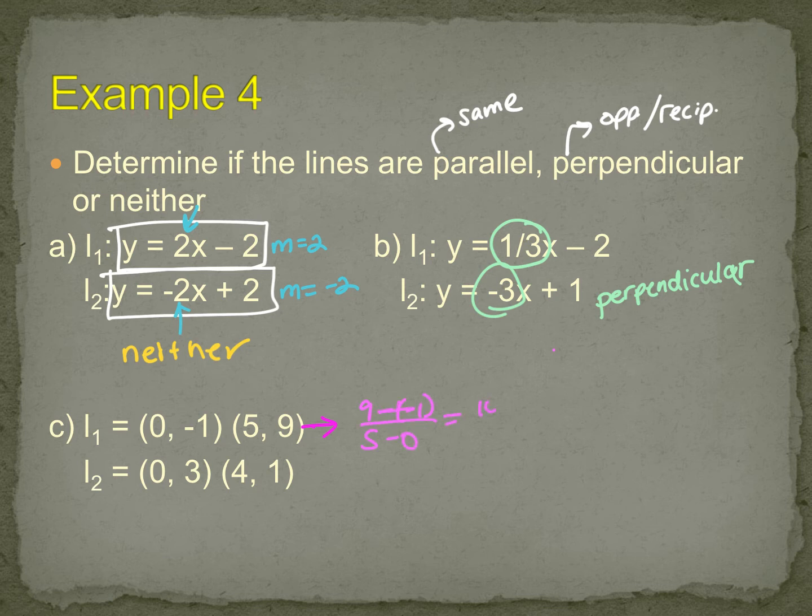This becomes plus, and that's 10 over 5, which is 2. This one, 1 minus 3 over 4 minus 0, -2 over 4, which is -1/2. Now they're not the same, and again, this time they're also opposite and reciprocal, which means these lines would also be perpendicular.